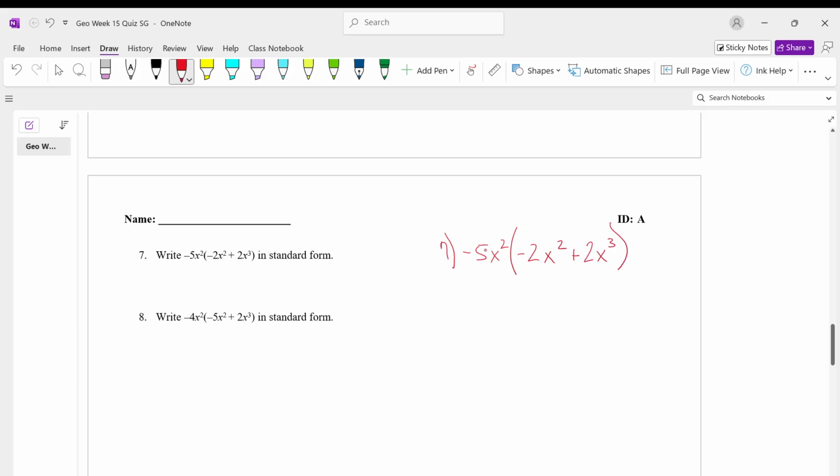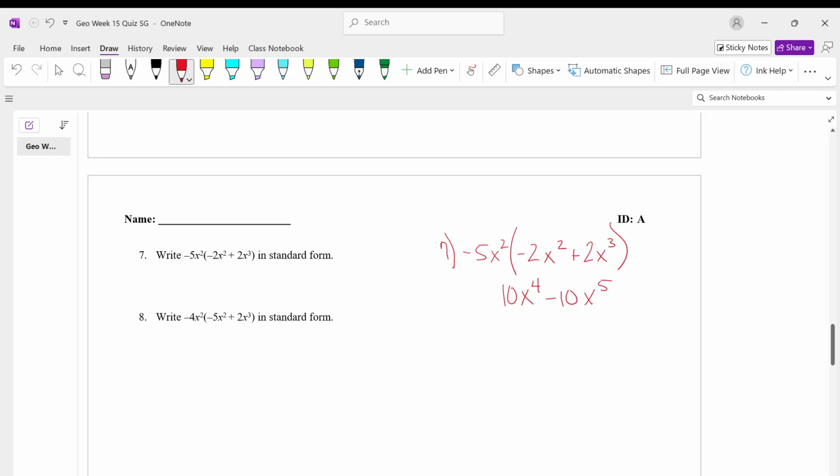We've got to distribute this negative 5x squared. So negative 5x squared times negative 2x squared is 10x to the 4th. When you multiply variables and exponents, you add the powers together, okay? And then we got negative 5 times positive 2, which is negative 10, and x squared times x to the third is x to the 5th.